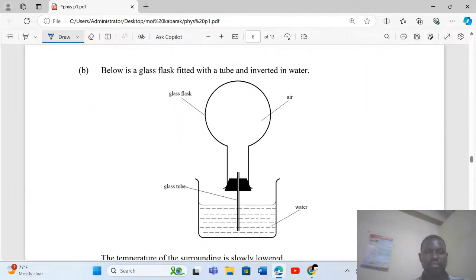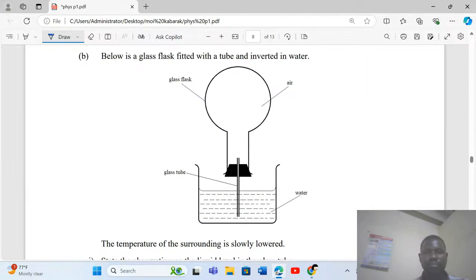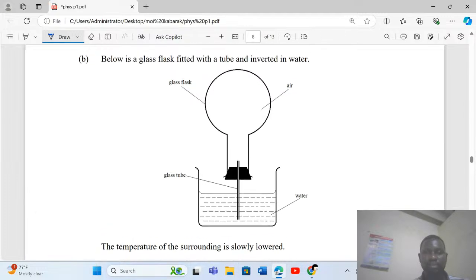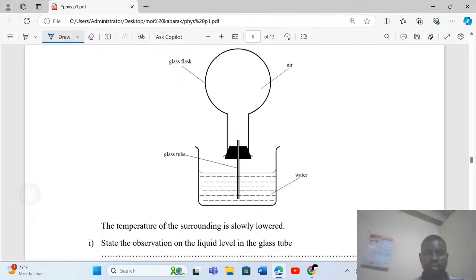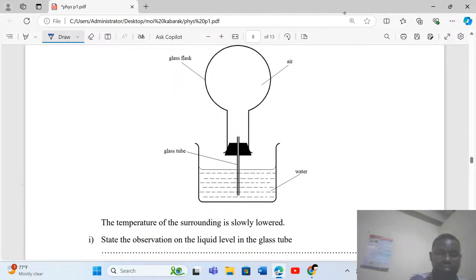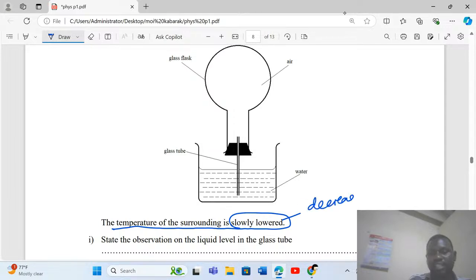Below is a glass flask fitted with a tube and inverted in water. Then you're told the temperature of the surrounding is slowly lowered. So this means a decrease in temperature.